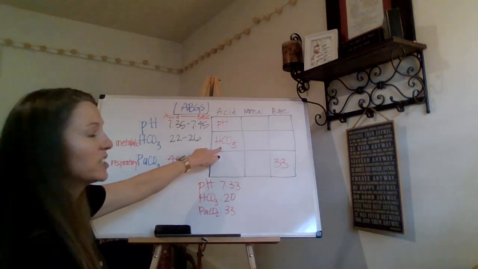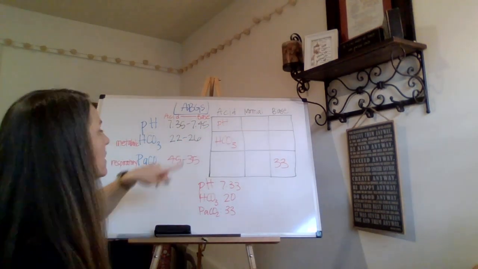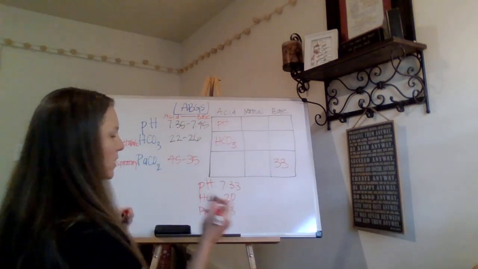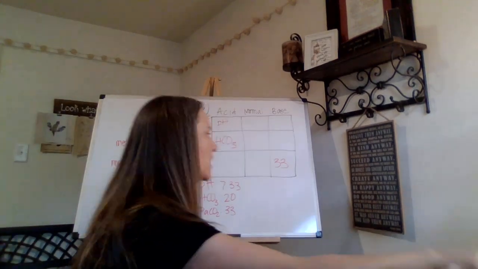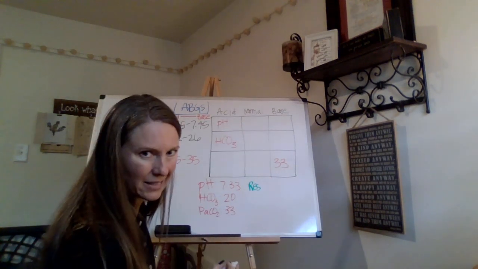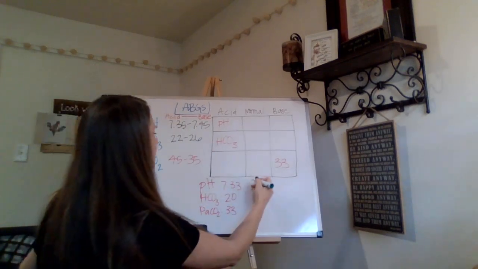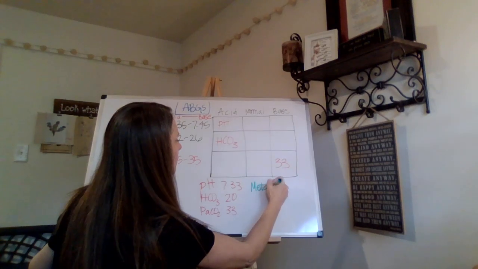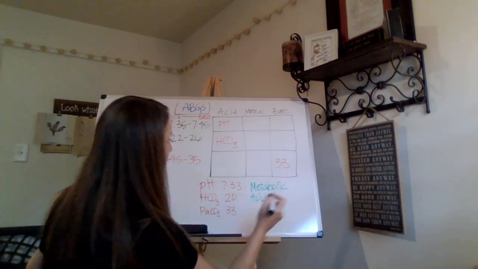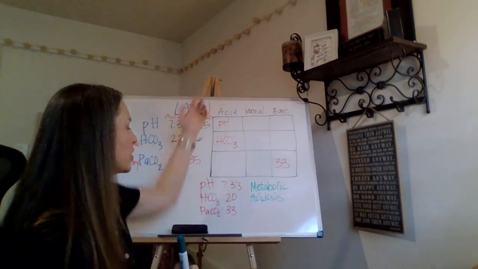HCO3 is metabolic, and it is what is lined up with pH. So I have metabolic acidosis.